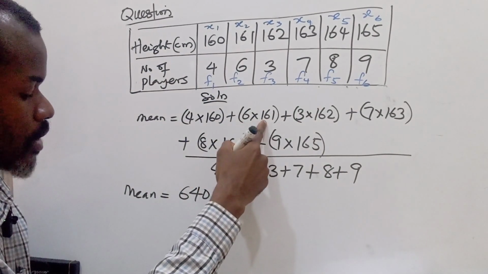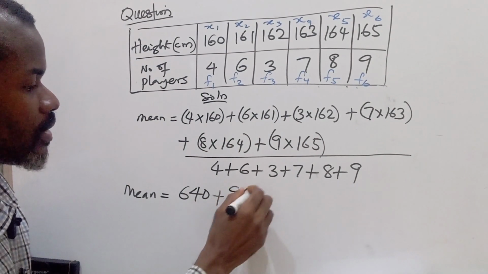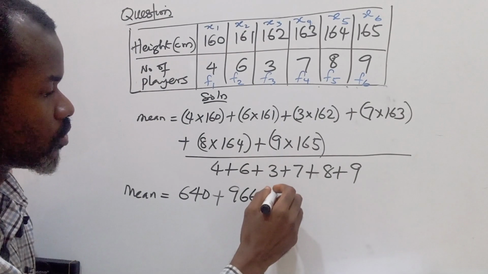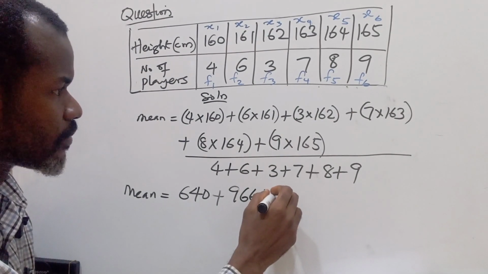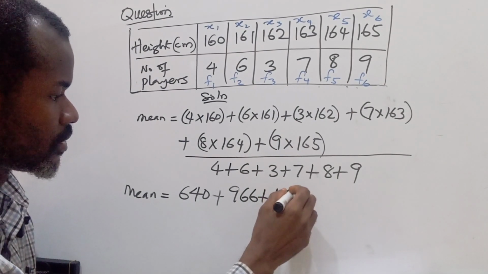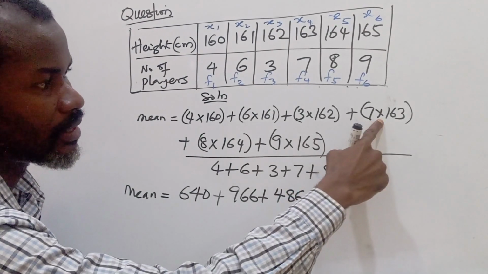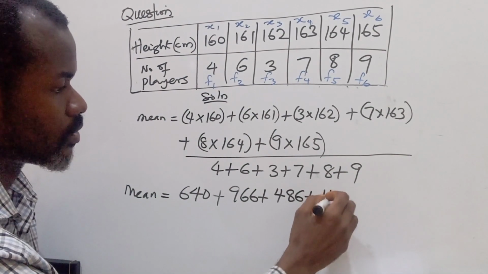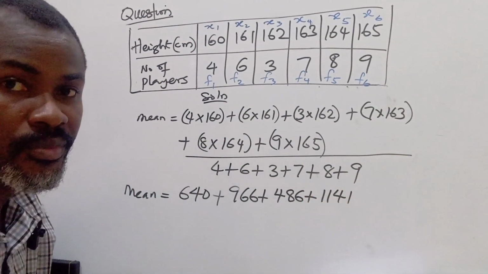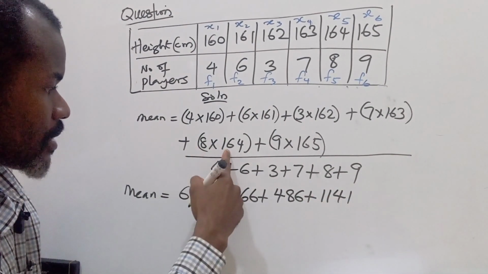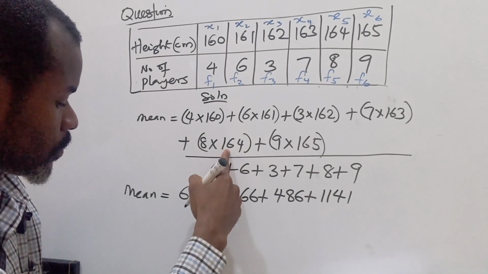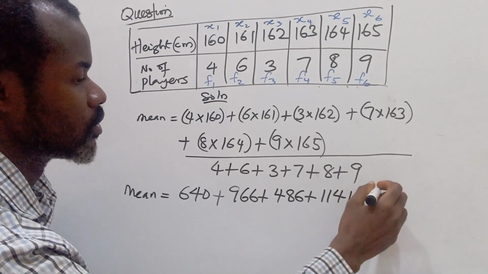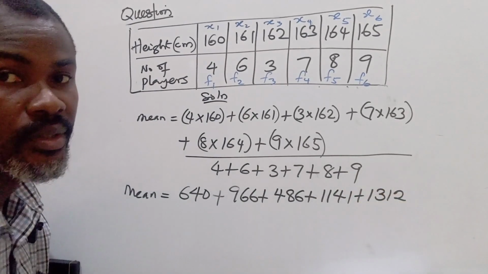So plus 6 times 161 is going to give us 966, plus 3 times 162 is going to give us 486, plus 7 times 163 is going to give us 1141. So 8 times 164 is going to give us plus 1312.